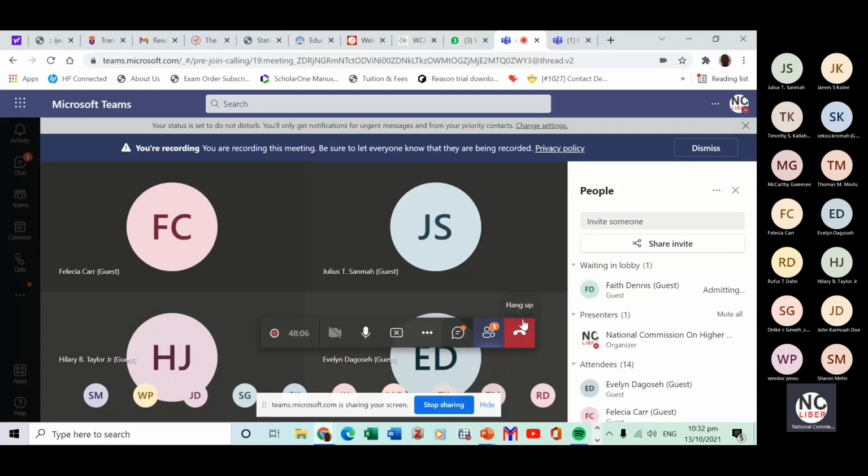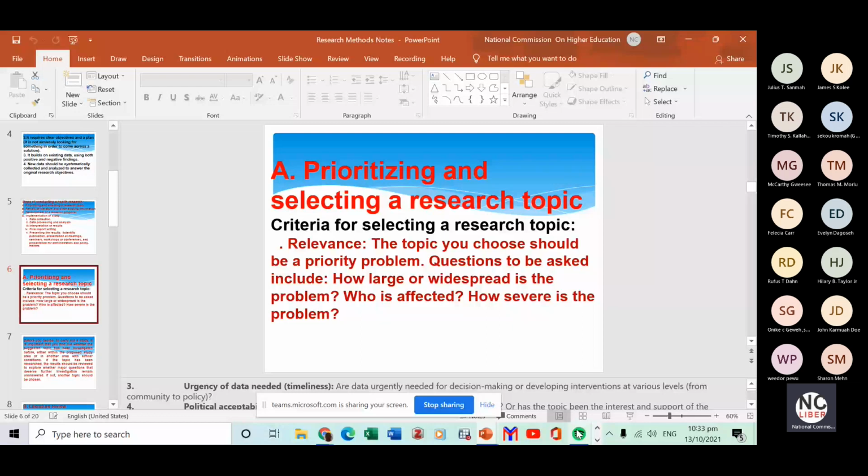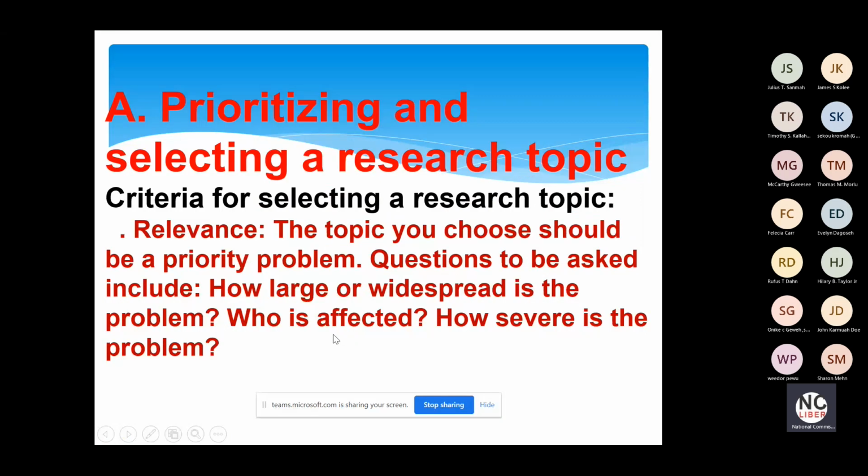So you ask about the scope of the problem, how large or how widespread it is, then who are those that are affected by the problem? You need to answer that question. And then the next thing you need to do is now how serious it is. When you answer those, then you can be able to set the priority. Now, I think this other problem is mostly important and relevant for me to discuss than the other one.